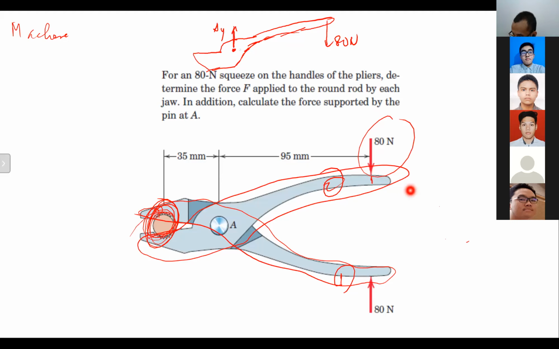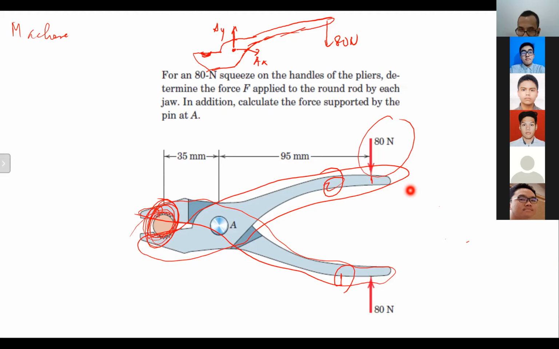That one as well, Ax, Ay. What else? In the ball, what's that? This one here. Maybe the 80 Newton reaction force in that ball part.